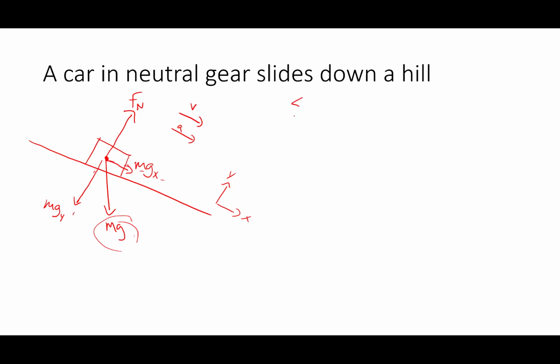Now we can set up the laws of motion. Sigma Fx equals m a x. In the x direction, we have the x component of gravity, mgx, equals mass times acceleration in the x. And we could use trig to figure out what that actual component is.